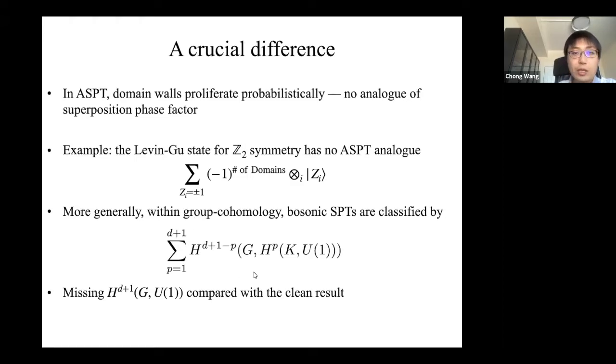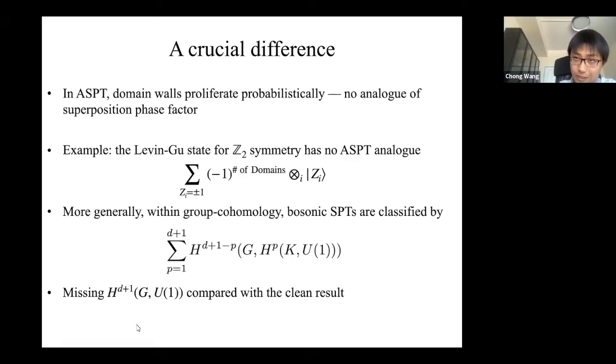Compared to the clean case, for G cross H, there's a similar expression in terms of the Kunneth formula. If you compare with that, this expression is just missing one term. It's this term, H to the upper d+1 with G, the average symmetry, with the U(1) coefficient.